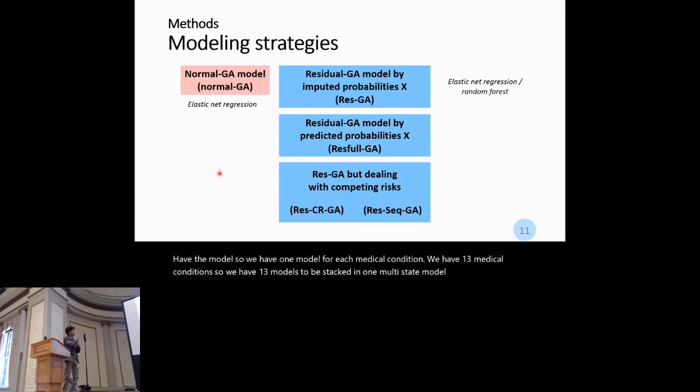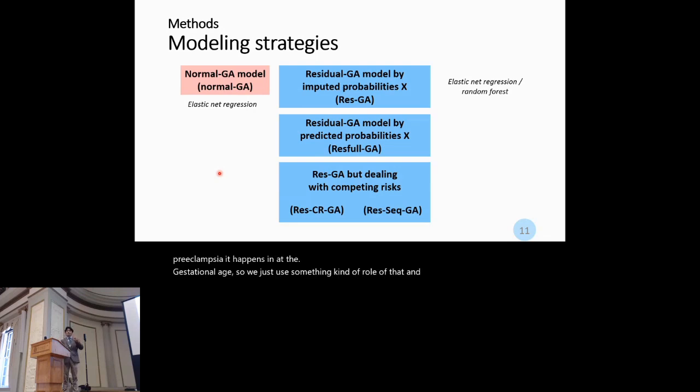Then in the third part, we use clinical knowledge to account for competing risks. For example, if a sample has a higher probability of miscarriage, it's very unlikely to get preeclampsia, because preeclampsia happens at a later gestational age. So we just use something like a rule for that.